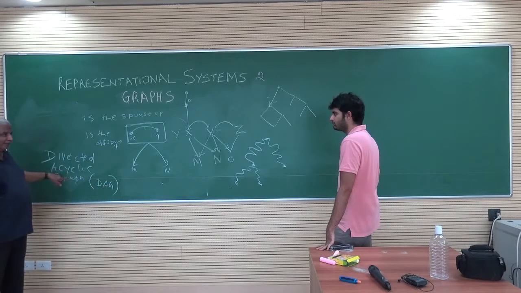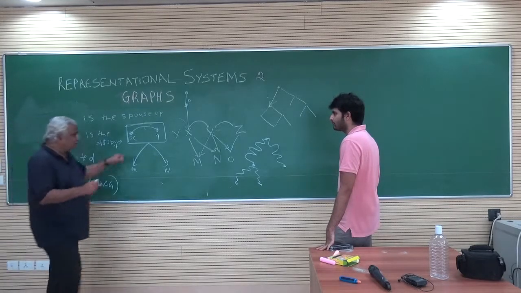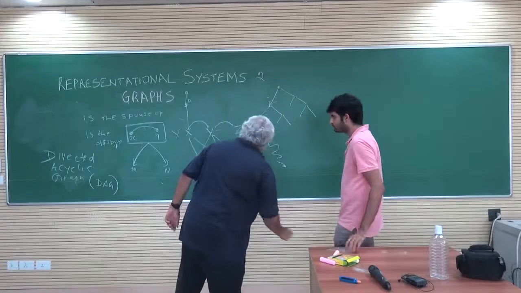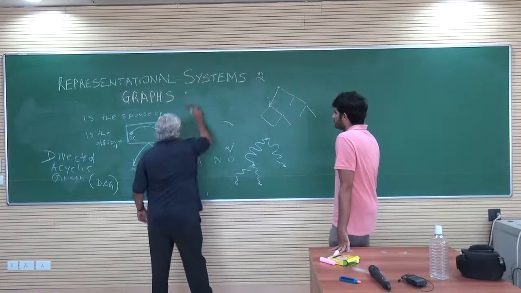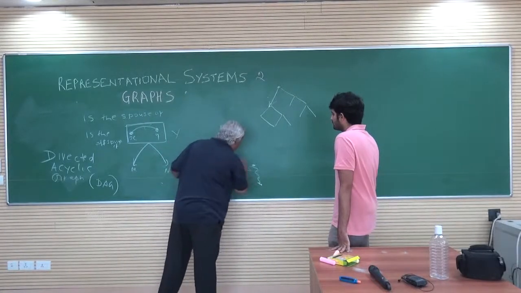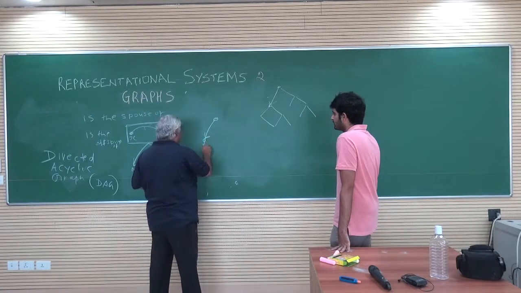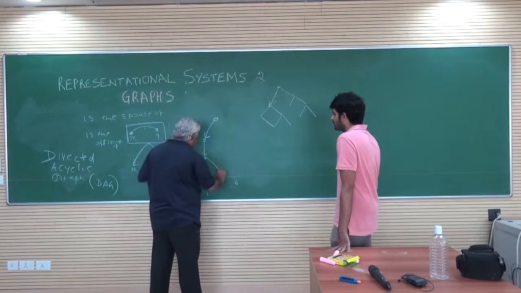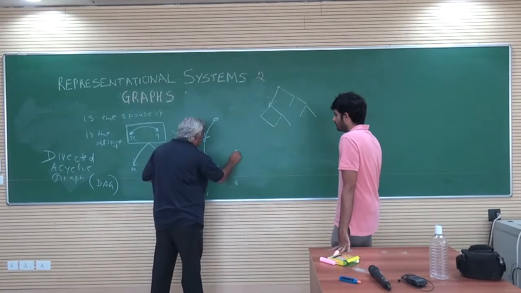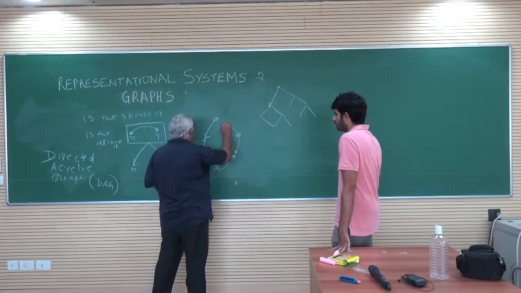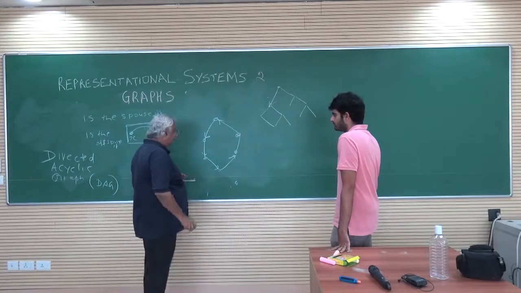So this is what they're saying in Wikipedia. I need to erase this stuff now. They said a cycle is like this: if you can go like this, and like this, and like this, then you can come back to here. That's a cycle.